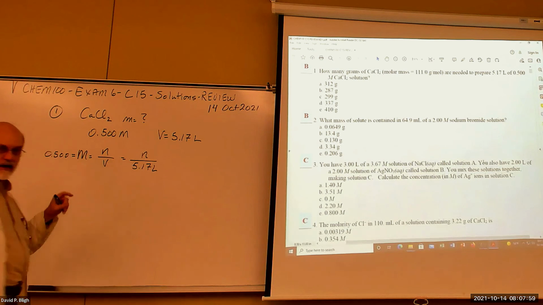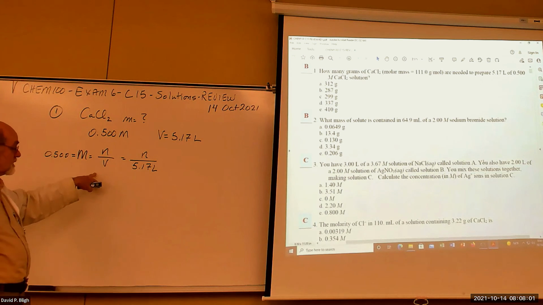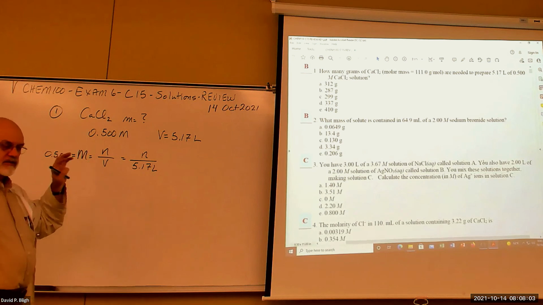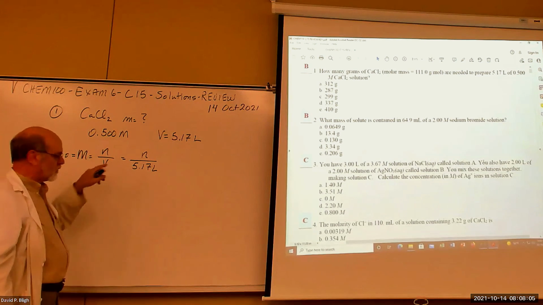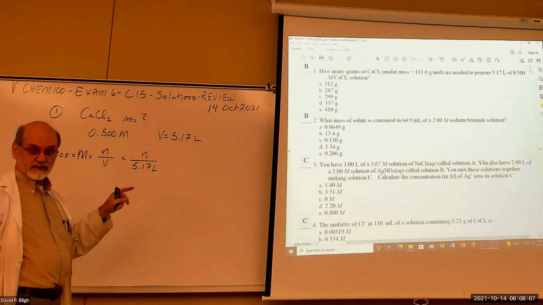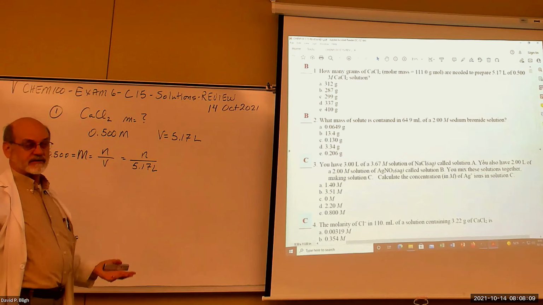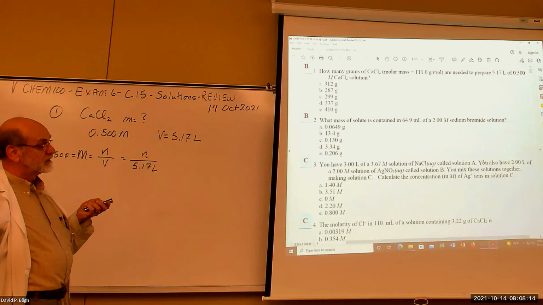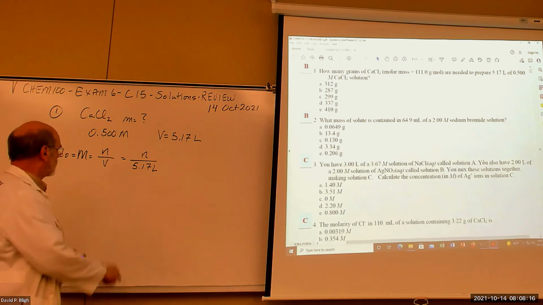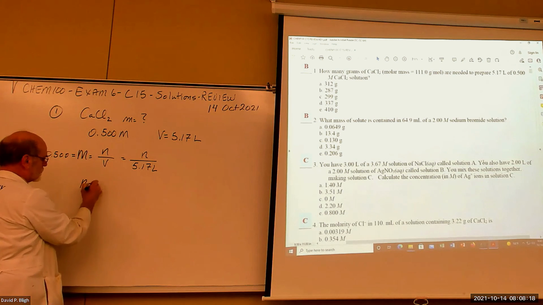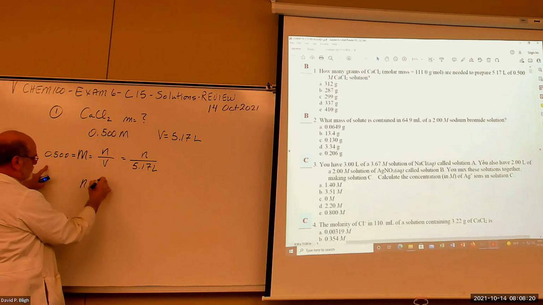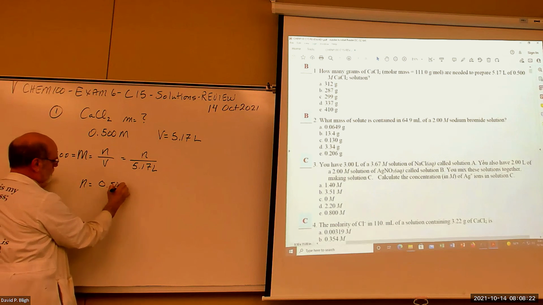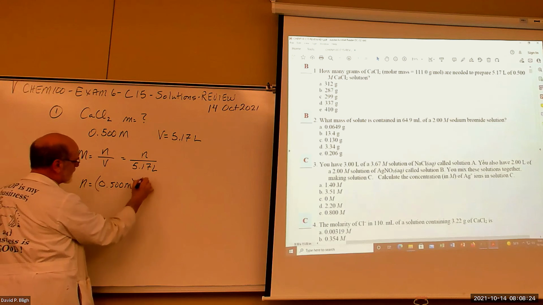And moles is our unknown in this calculation. So you have to ask yourself, if I solve this for moles, can I go from moles to grams? And the answer obviously is yes, because we know the molar mass of calcium chloride. So once we determine the moles, which will be molarity times volume.